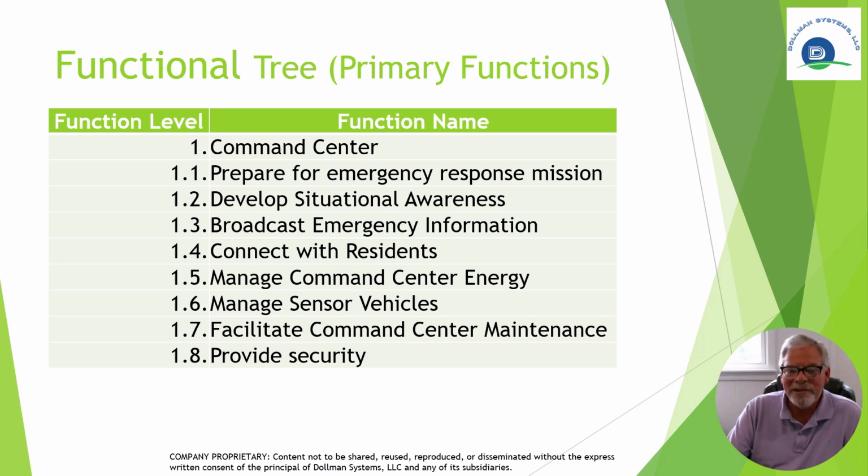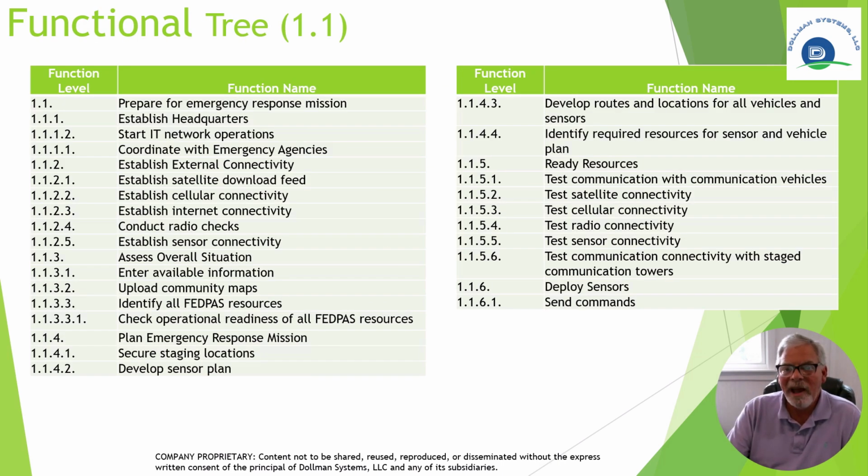So here we see the top level functional tree. These are the primary functions of the command center. At the next lower level of the functional tree, we see function 1.1 from the previous slide, further decomposed into lower level functions.